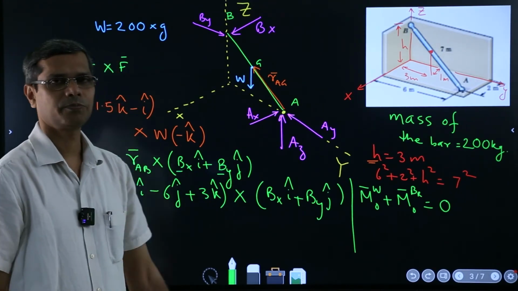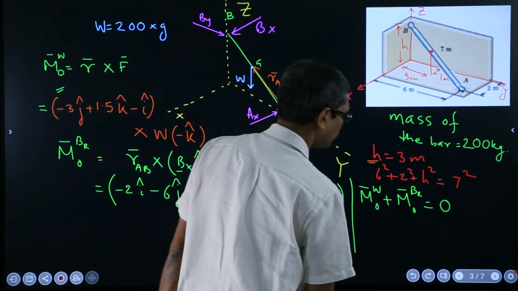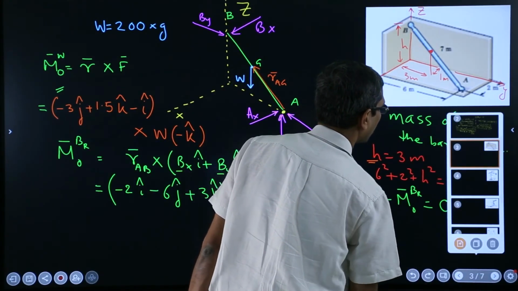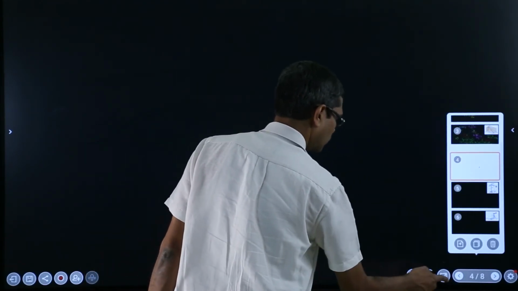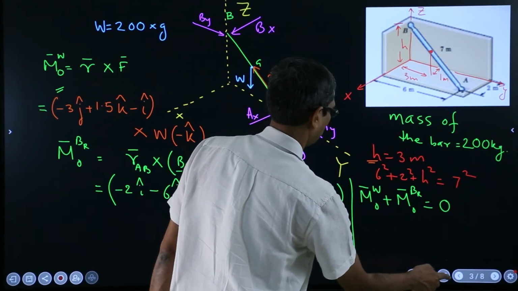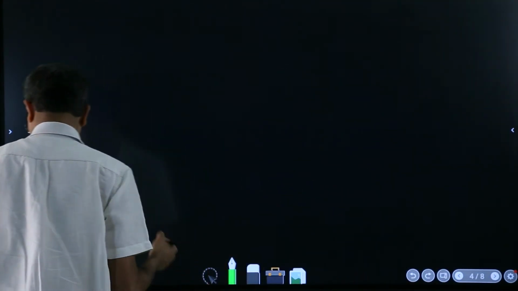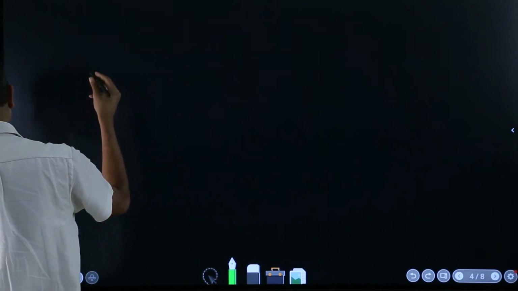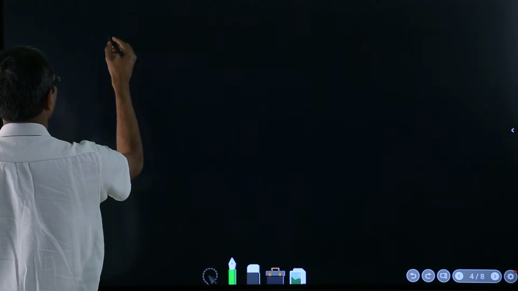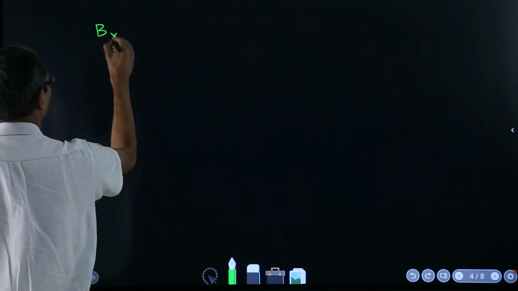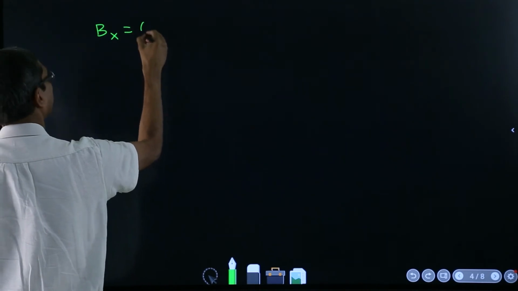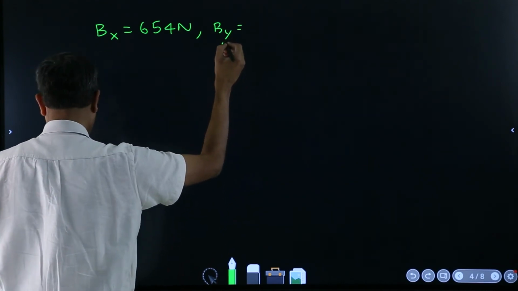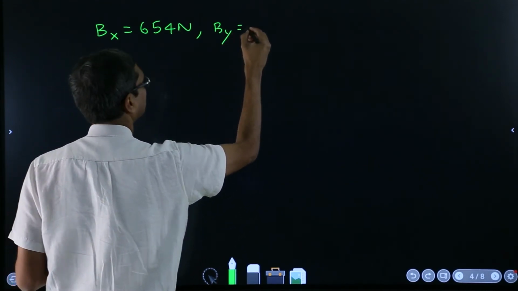Now if you get that equation, it will be a vector equation, and once you solve it you should get Bx equal to 654 newtons and By equal to 1962.